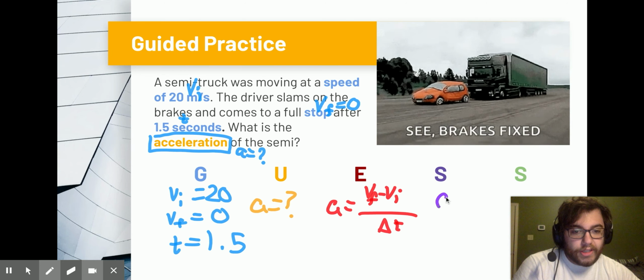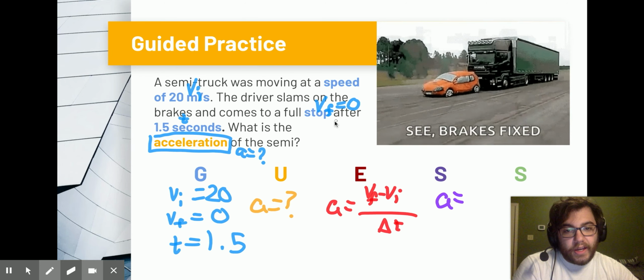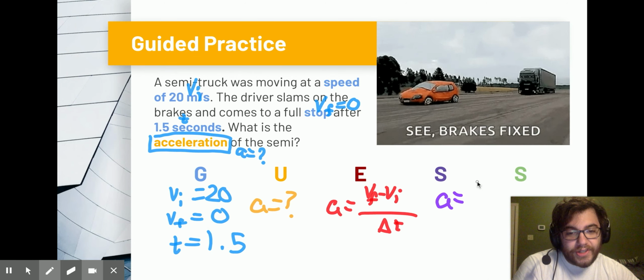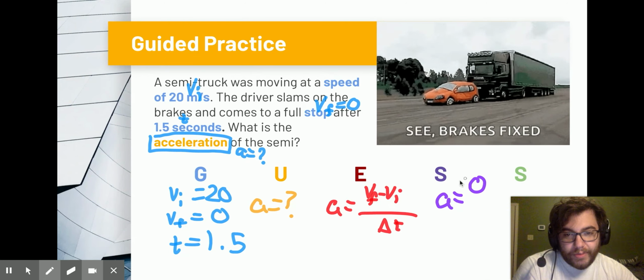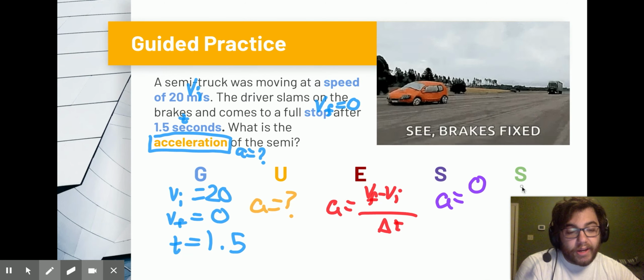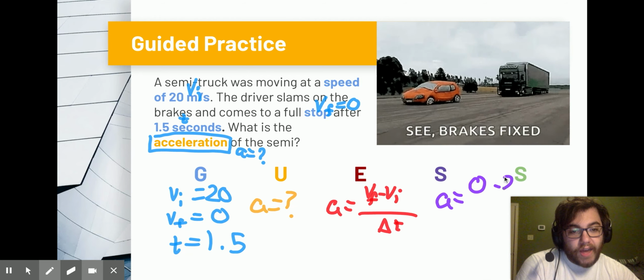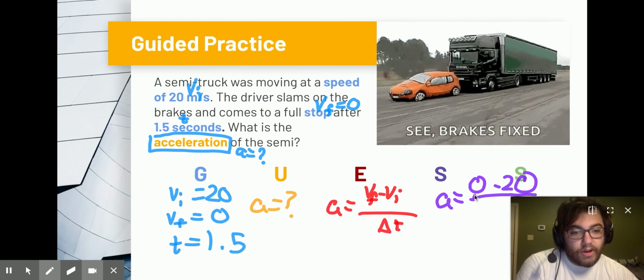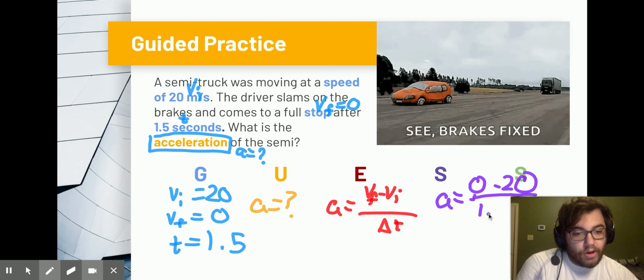And the tricky thing with this problem is because VF is 0, we need to make sure that you plug it in correctly. A lot of you, because you see a big number and a small number, you want to do 20 minus 0. When in fact, the correct answer is 0 minus 20 over 1.5.